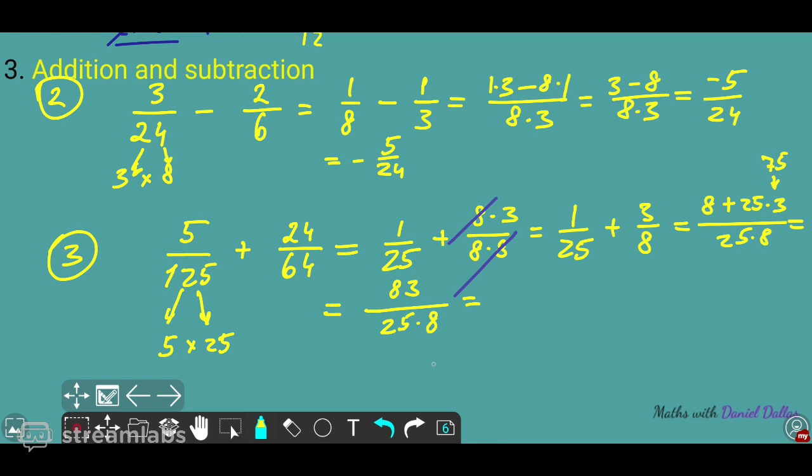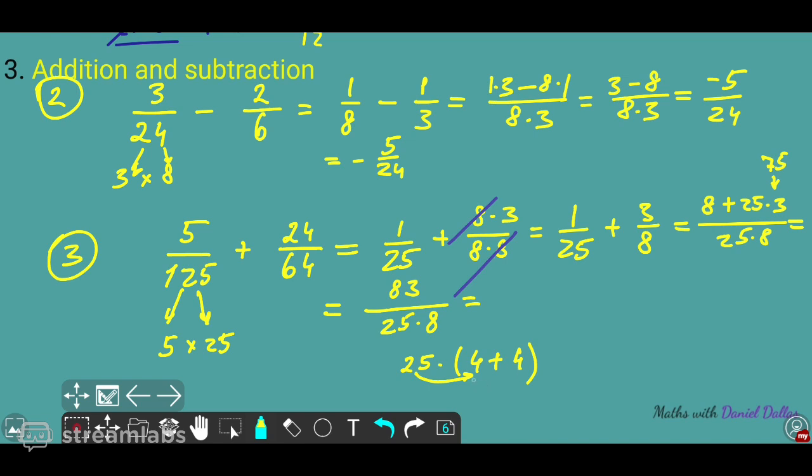And what about the bottom part? 25 by 8. If you do it mentally, I encourage you to split 8 as 4 plus 4. It means you first multiply 25 by 4, and next you also multiply 25 by 4.